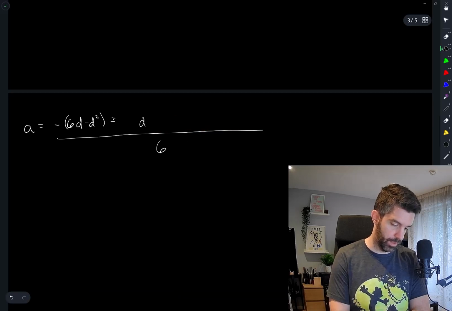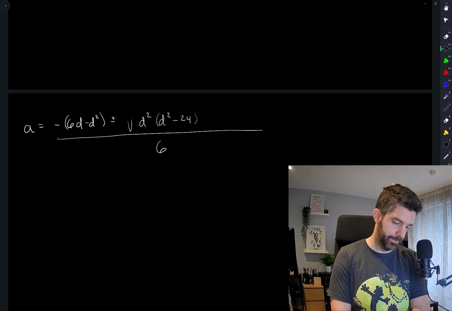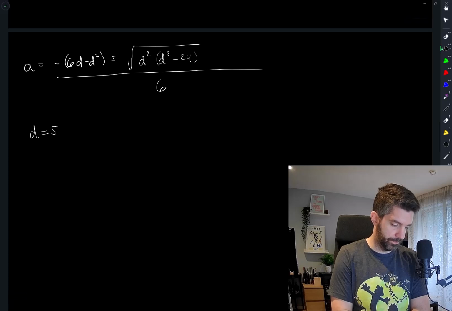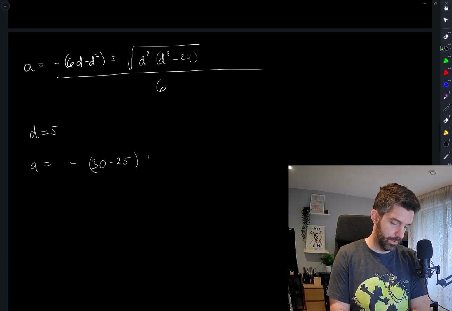This is d squared times d squared minus 24. Okay, so d is equal to 5. I have a is equal to negative 30 minus 25 plus or minus square root of 25 times 1, all divided by 6.